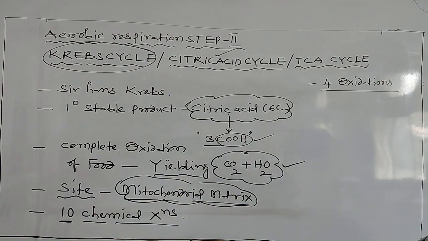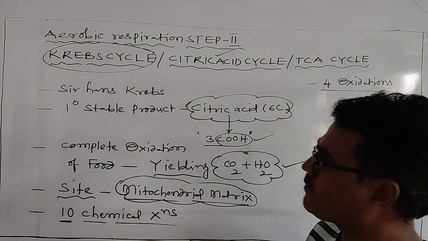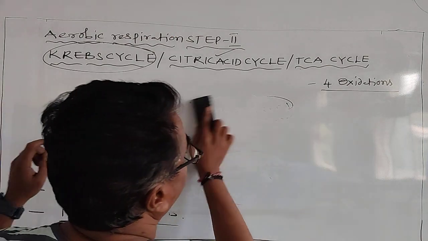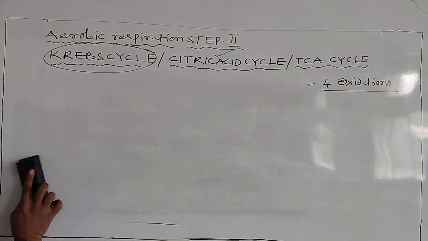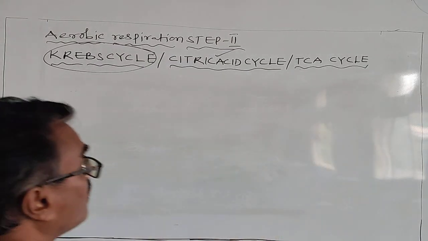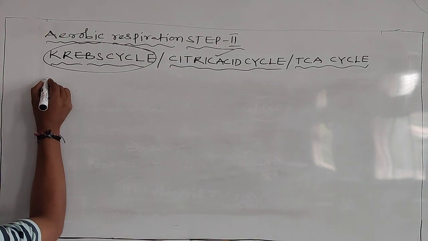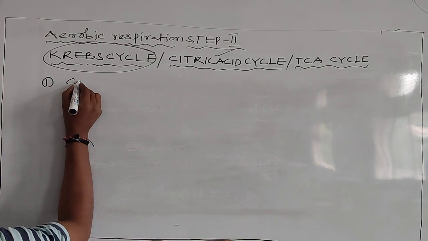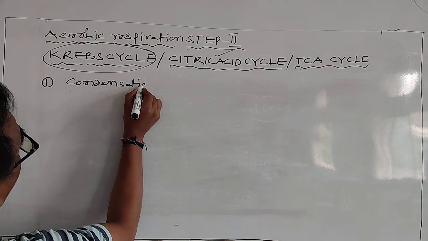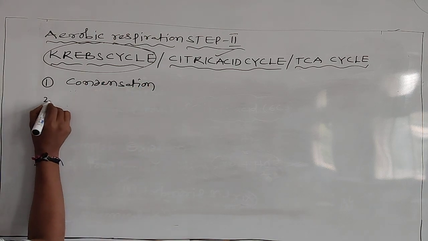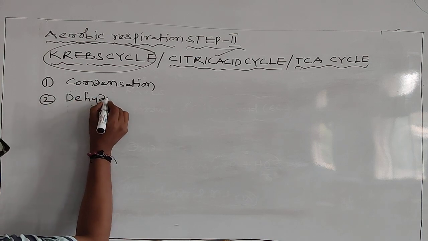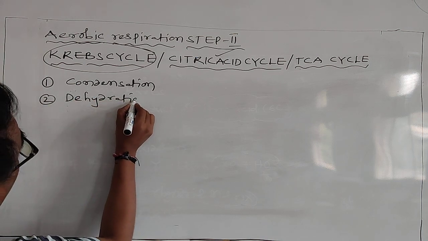The first chemical reaction in the Krebs cycle is condensation. The second chemical reaction is dehydration.